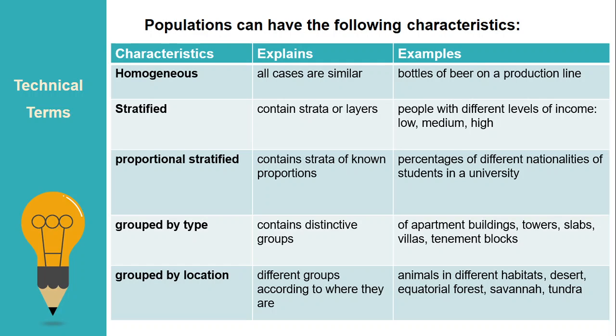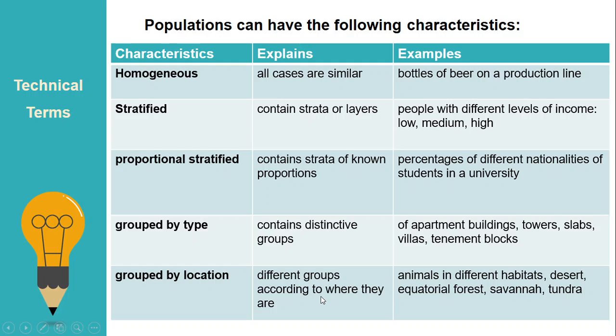Proportional stratified contains strata of known proportions, such as the percentage of different nationalities of students in a university, or the percentage of different minorities and ethnic groups at a polling station in an election for which we are collecting information.